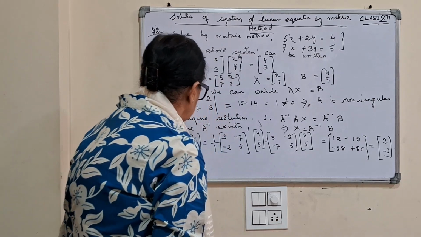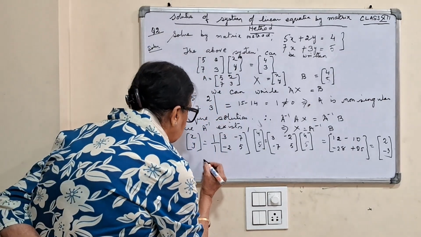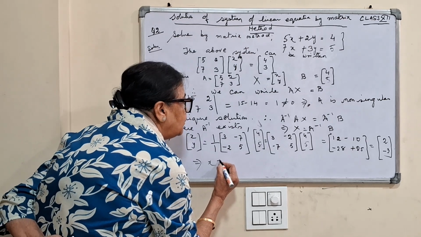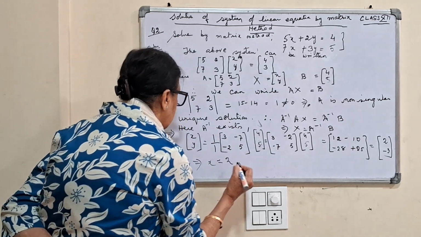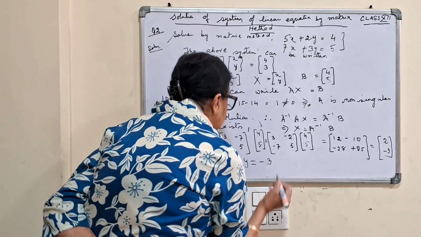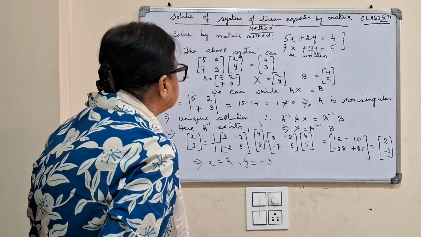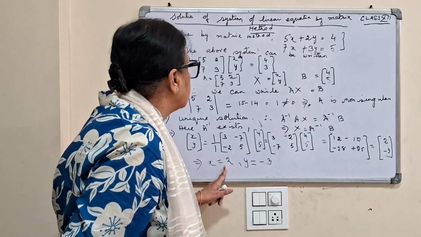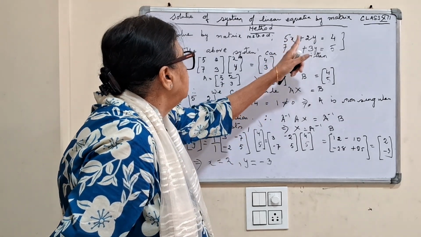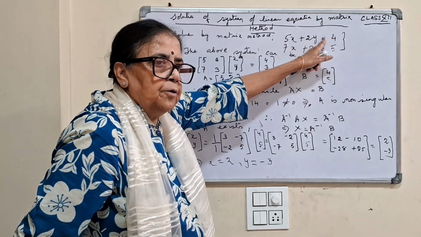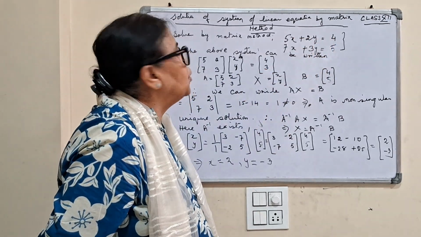That is x is equal to 2 and y is equal to minus 3, a unique solution. Let us check whether we have done it correctly or not. 5 2s are 10, minus 3 is 7, yeah, 4, done. Mine is okay, fine.